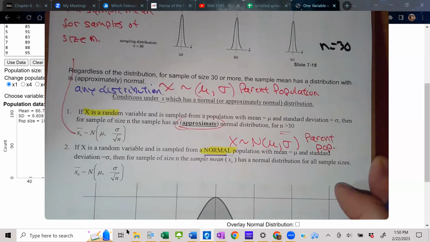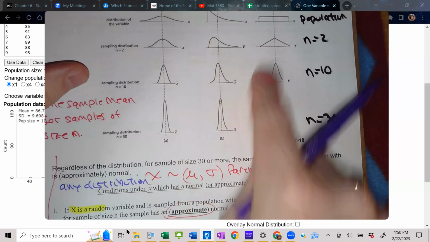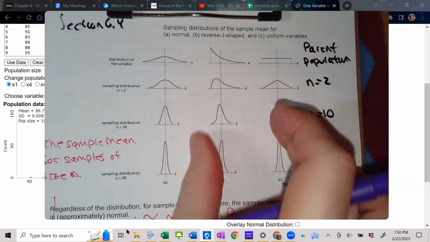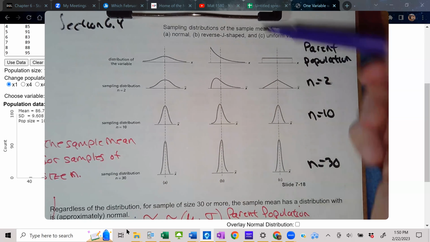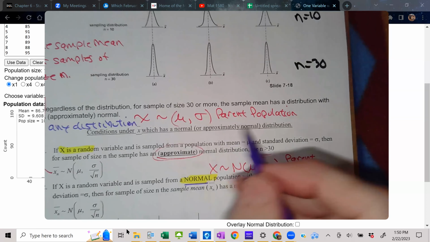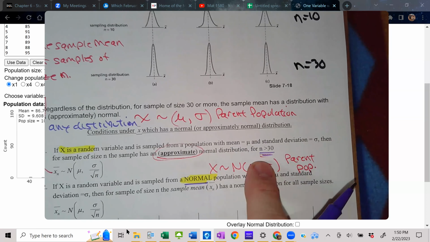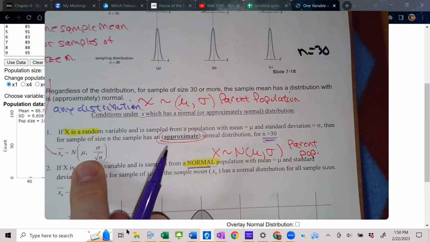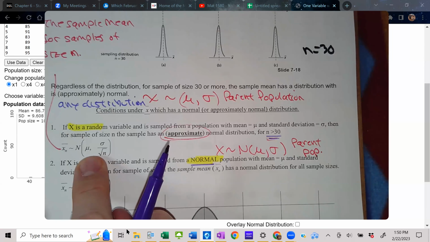So it's like either of these second pair here. These are non-normal distributions to begin with. So that's where you're drawing your sample. But if your sample size is large enough, eventually it's going to look like a normal distribution. And you can use the probabilities from the normal curve because of it.